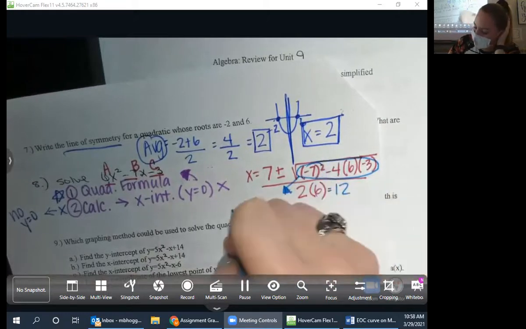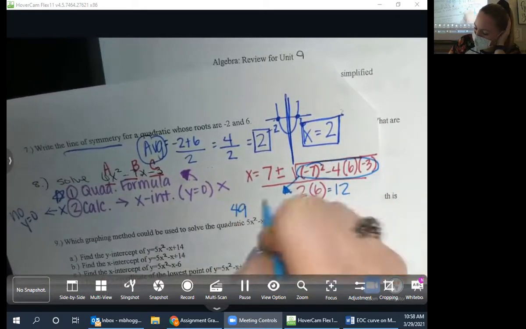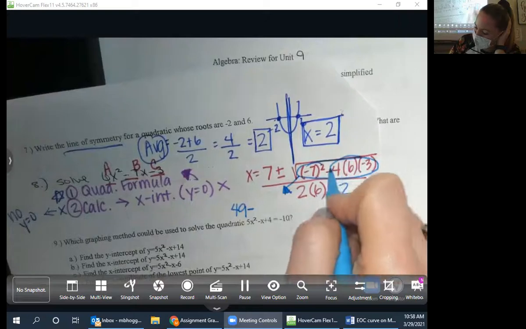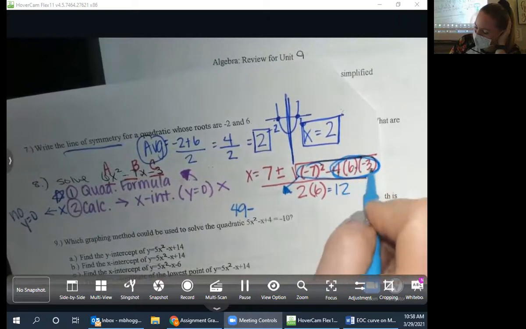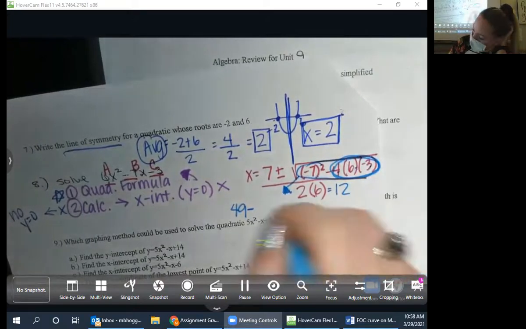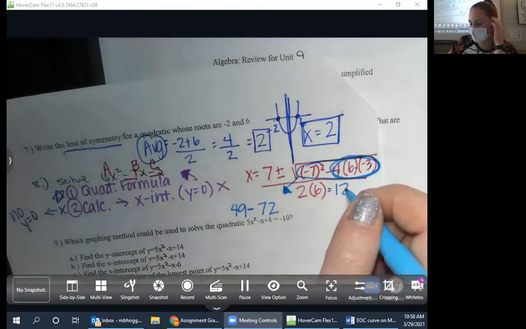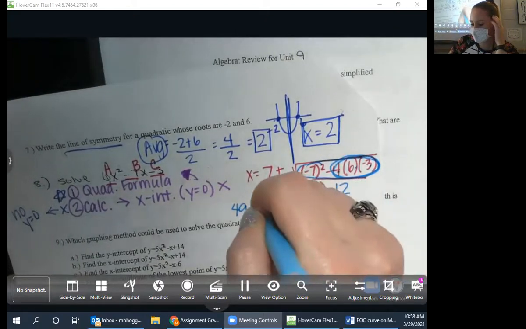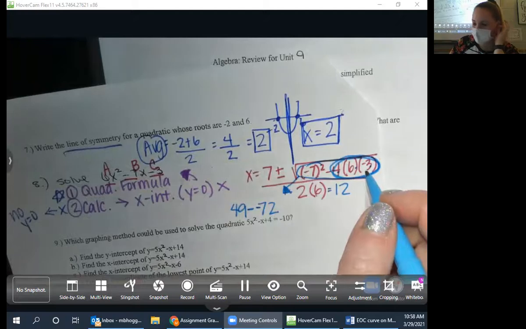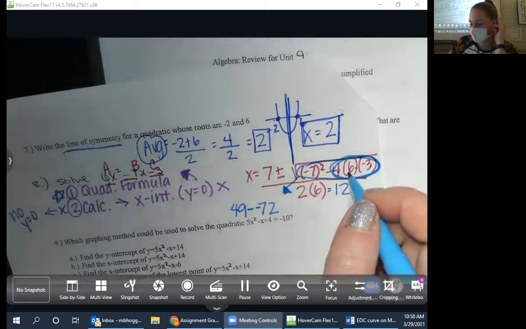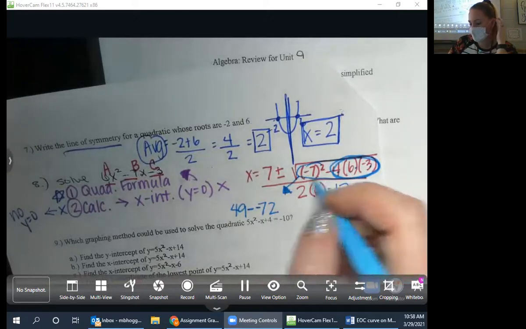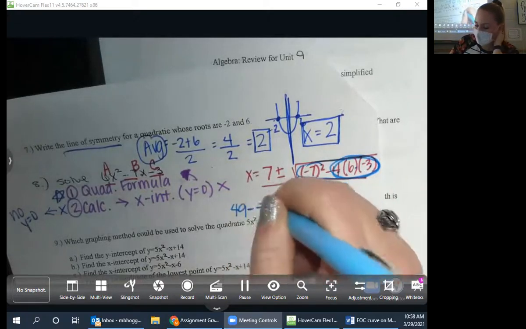-7 squared is 49 minus, and then we just multiply this part: 4 times 6 times -3. You're going to get -72, sorry, -72. So now we have 49 minus -72.